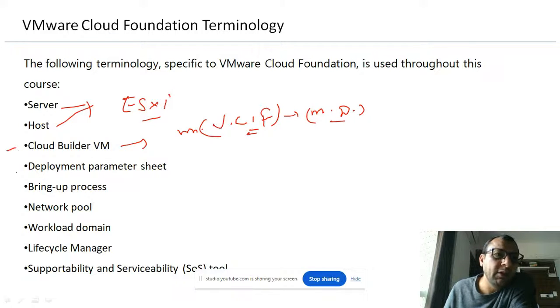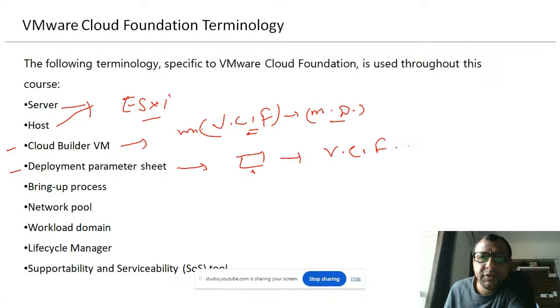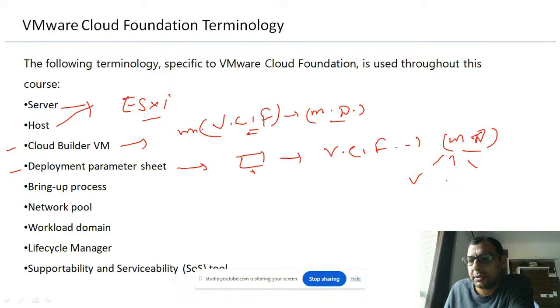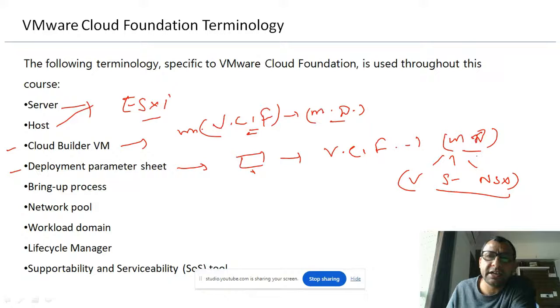For that you require a deployment parameter sheet that you insert inside the Cloud Builder appliance, which then builds the VCF environment for your management domain. Under the management domain, we primarily build your vSphere environment, your storage environment, which is my vSAN, and your NSX environment. Those are the key mandatory components that are built under the management domain.